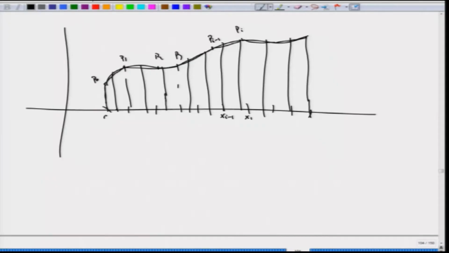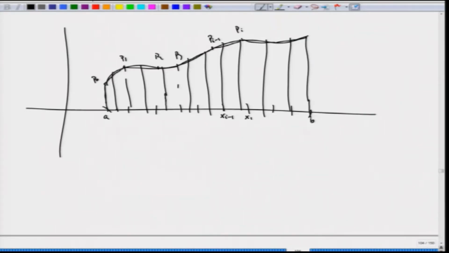As we have seen, we are given a curve from A to B, and we take a partition of equal length intervals, and then we join the two endpoints. This is x naught, f of x naught, and x 1, f of x 1. So, we join the straight line and go on like this.